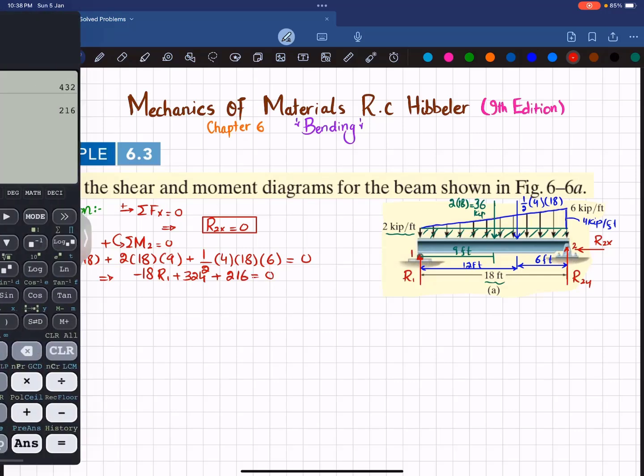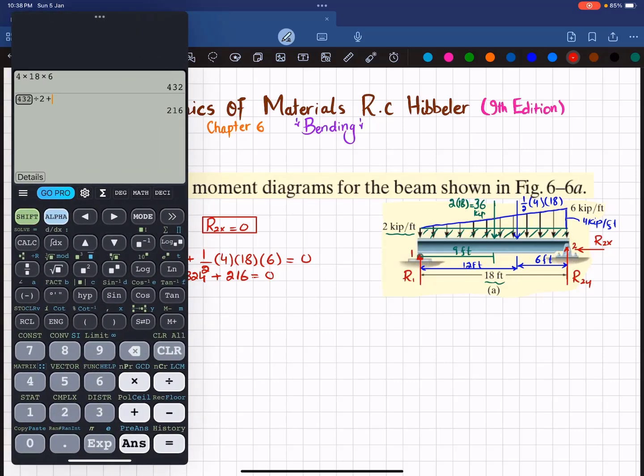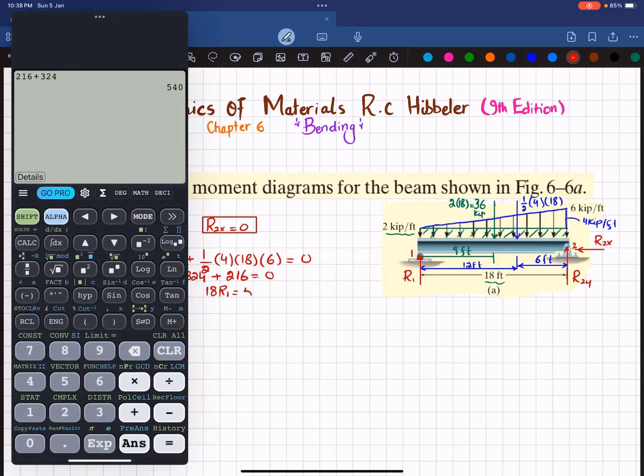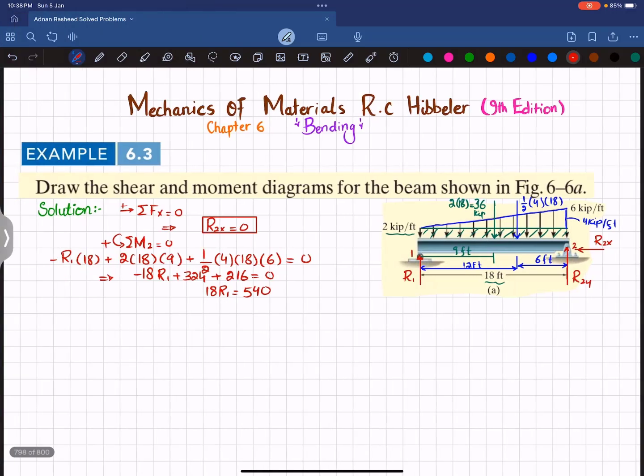So 324 plus 216 is 540. It means that 18 R1 is equal to 540. So if you divide this answer by 18, you will get 30. So from here R1 is equal to 30 kip.